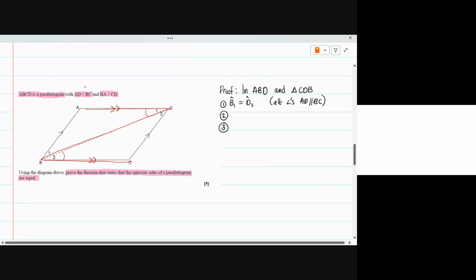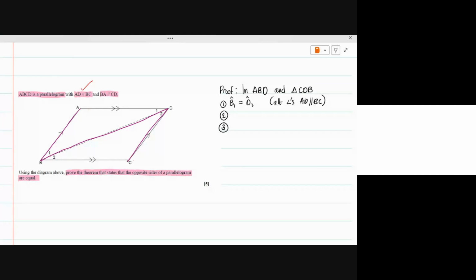That's one set of parallel lines. Let's see why they've given us the other set of parallel lines. Let's use those. I draw another N in this direction. And what do I find? I find that B1 is equal to D2. I think I wrote this one the wrong way around. It should have been B2 is equal to D1.